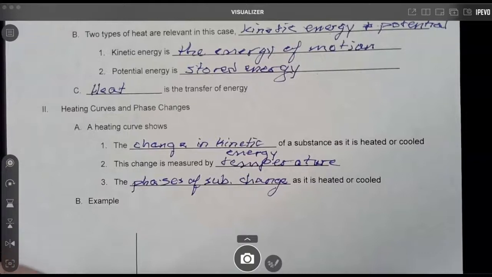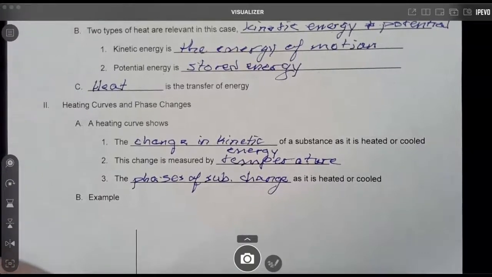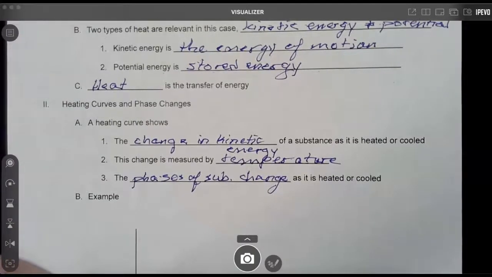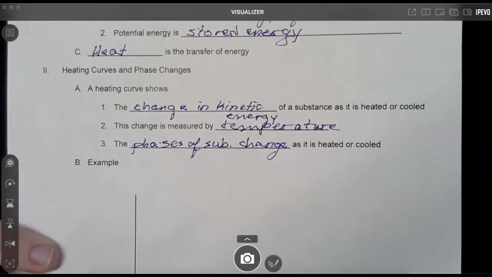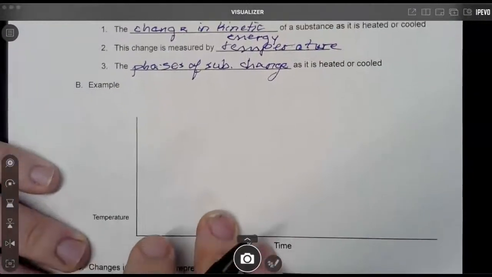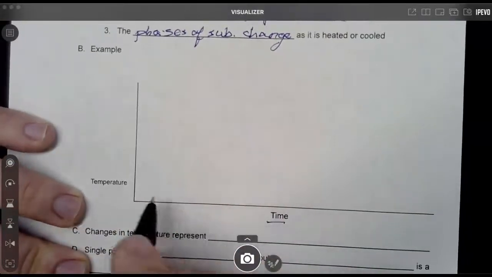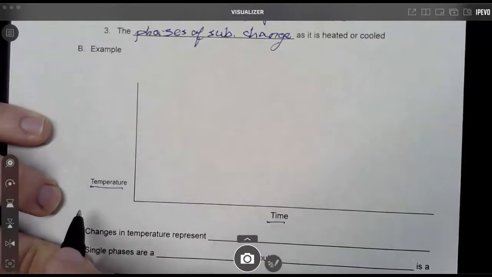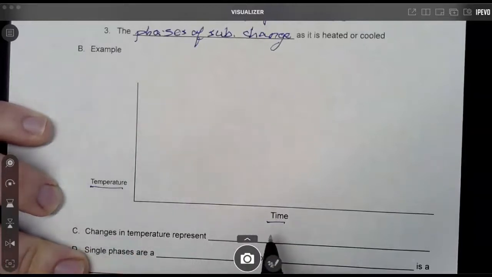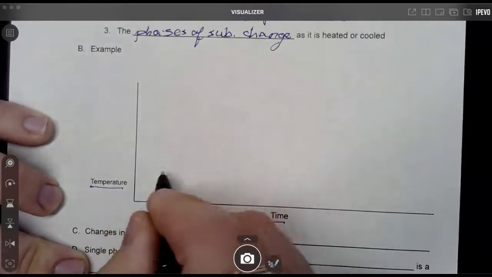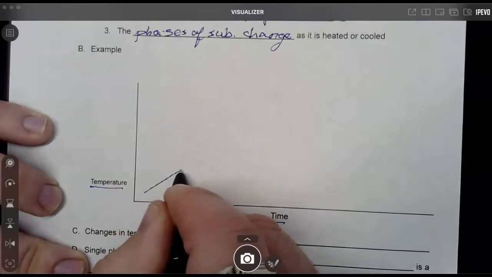So this idea of phase changes and changes in kinetic energy can be graphed with a heating curve. So a heating curve measures the changes over time of the temperature. Now, one thing we may see is it increases.